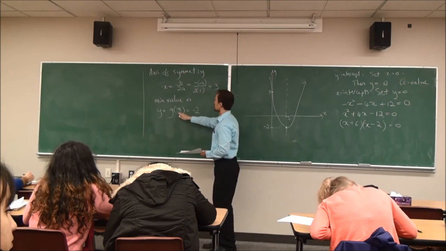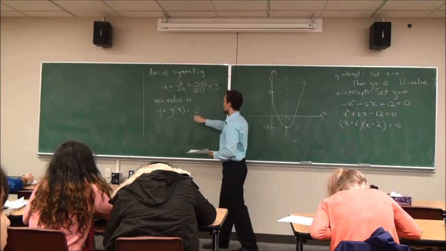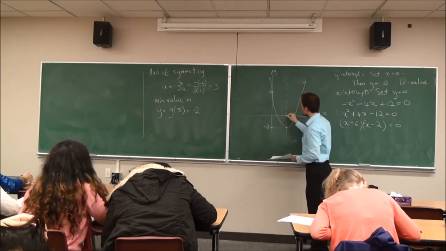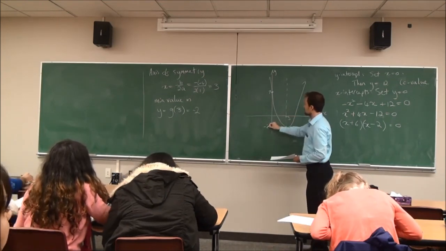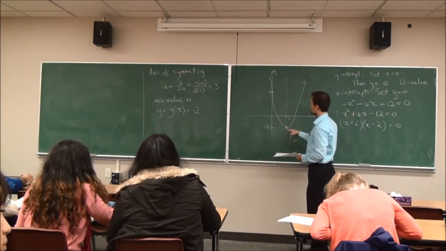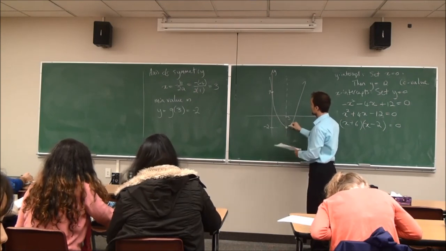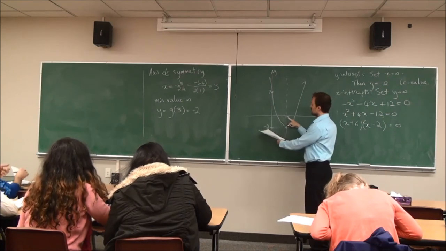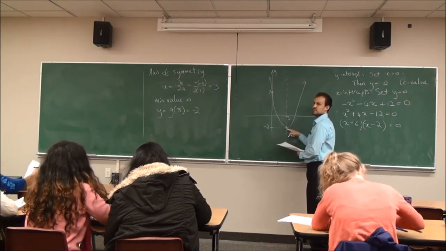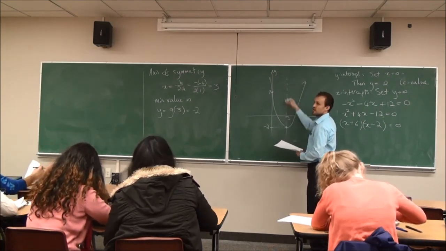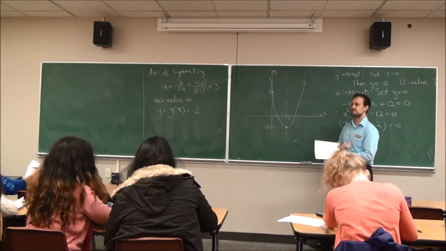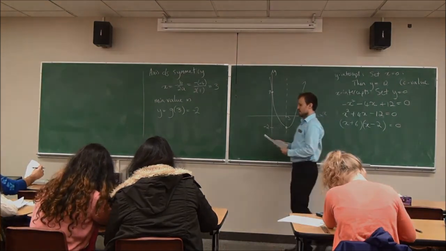That's the output when my input is 3. I get negative 2 based on my function. So that means when x is equal to 3, y is equal to negative 2. So it sits over here. And because it's a minimum, I go up from this point. So I need both to tell me where this point sits, not just the x one. I need the corresponding y coordinate. Okay.